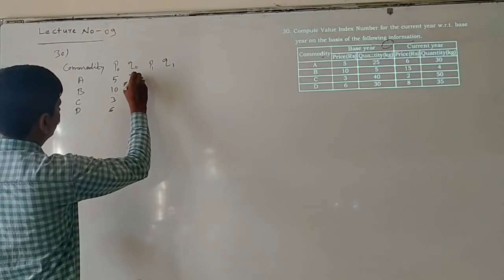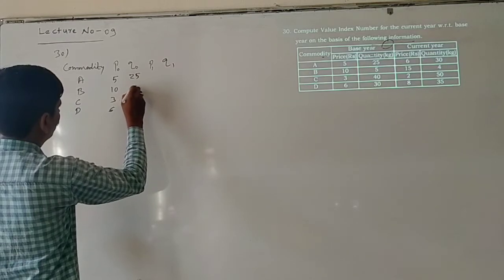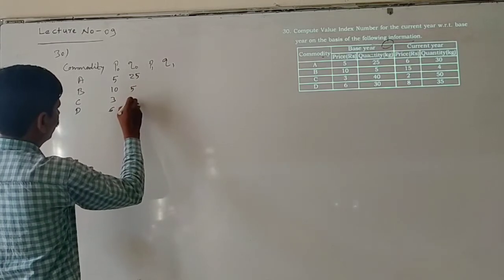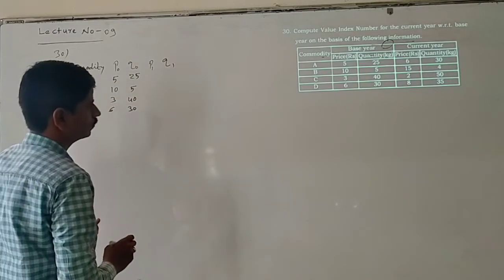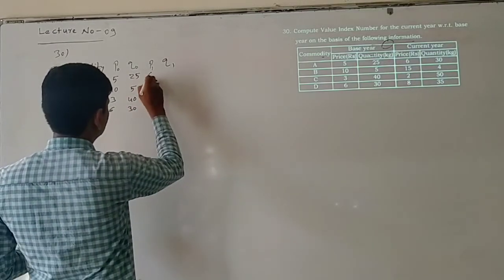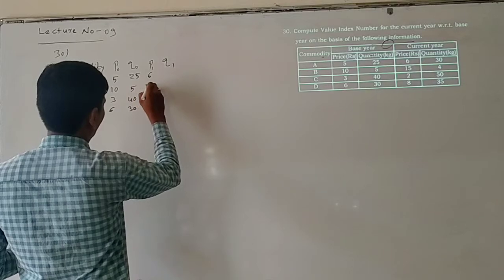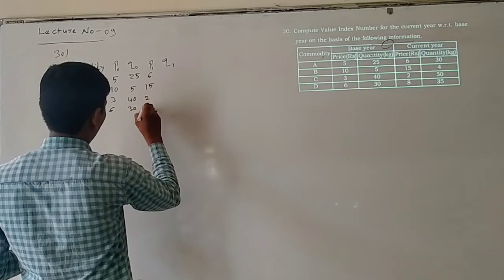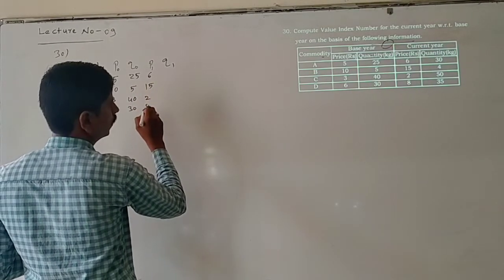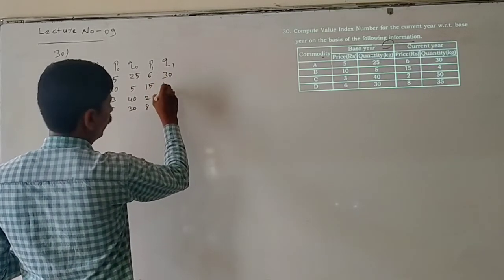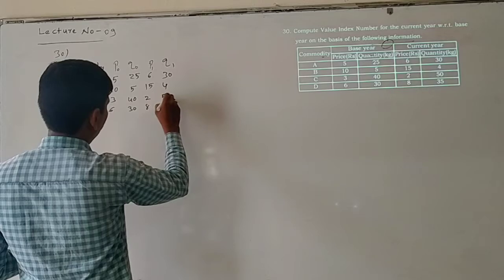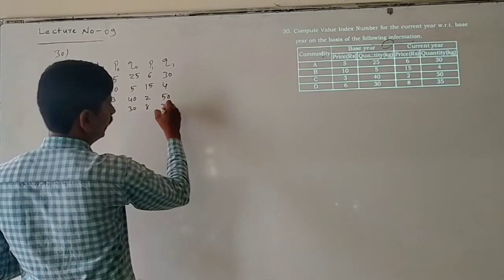The next, Q0: 25, 5, 40 and 30. The next, P1: 6, 15, 2, 8. The next, Q1: 13, 4, 50 and 30.